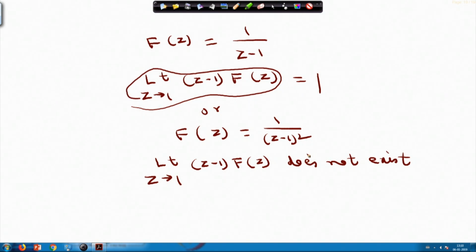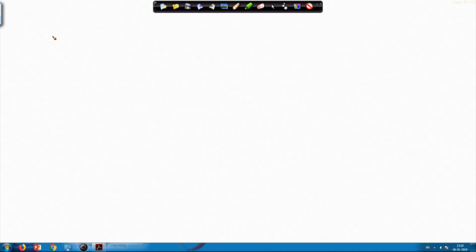So, these are the basic properties of the Z transform, and using these properties, now let us solve some problems quickly, so that you can better understand how to find the Z transform of various functions using the properties. The first is the Z transform of n cube, which we want to find out.